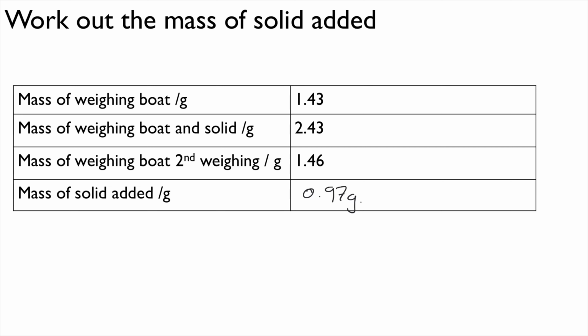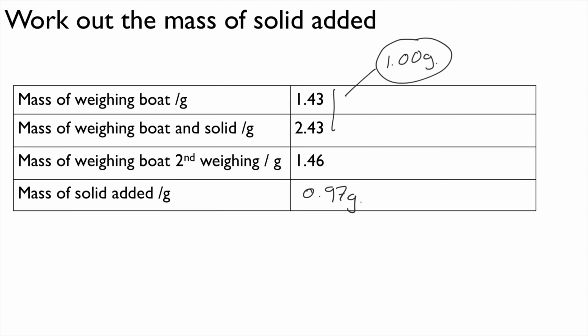Now you'll notice if we didn't do the second weighing, the mass that you would have transferred would be 1.00 grams, because you've not managed to transfer all of that solid from the weighing bottle or weighing boat. As I say, this is the weigh by difference.